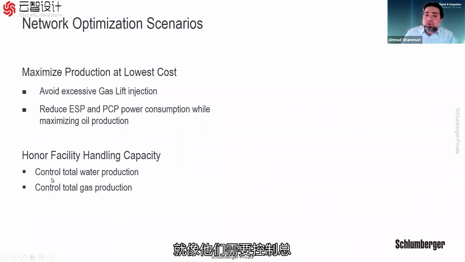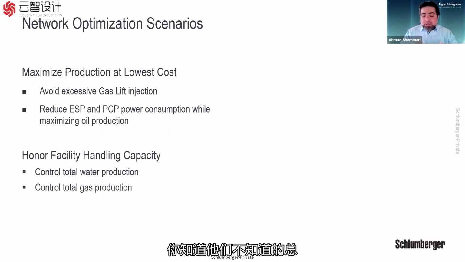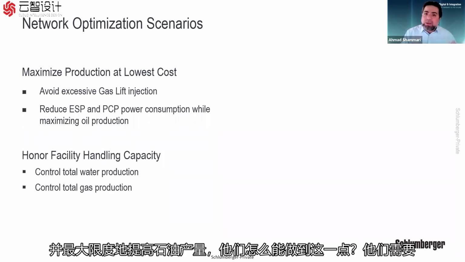They need to control the total water production or control the total gas production. They want to limit the total production of water. They don't want to produce, let's say, more than 30,000 barrels of water. But at the same time, they need to make all the wells contribute and maximize oil production. How can they do that?